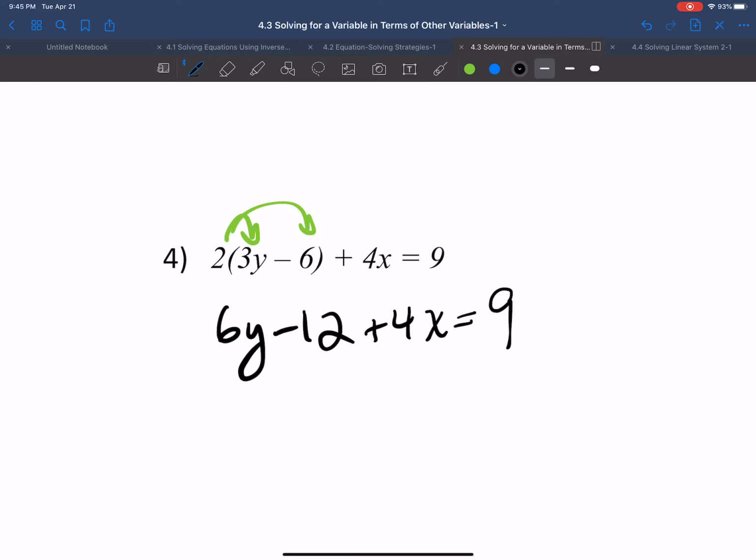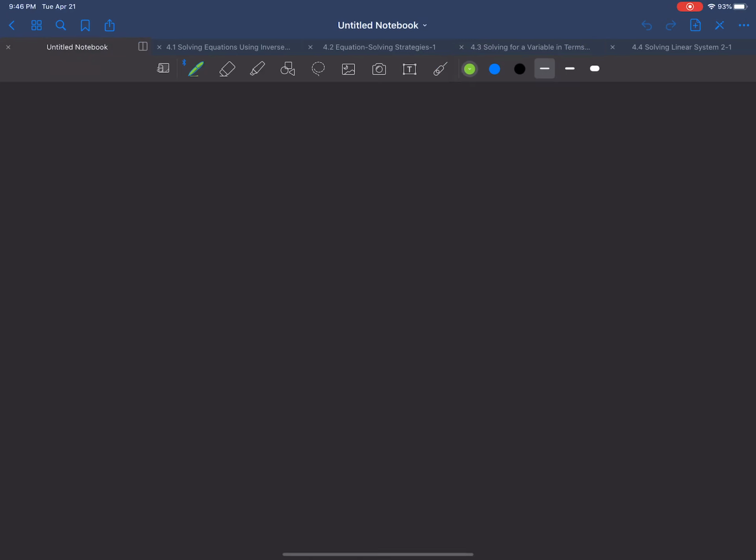So since I have to move this, the same number of moves either way. I have to bring the 9 over, or sorry, if I bring the 6y over, I'd have to bring the 9 over. So either way, it doesn't matter. I'm going to take these guys and move them over there. So I'm going to do the opposite of them.